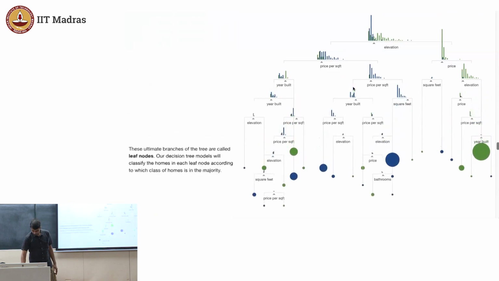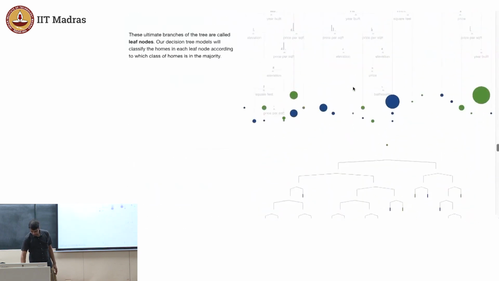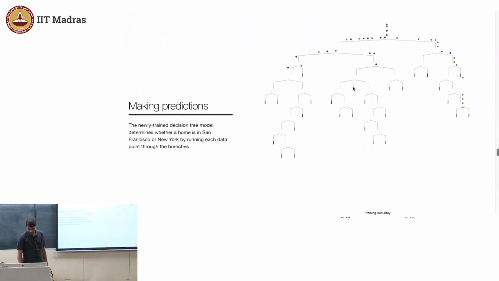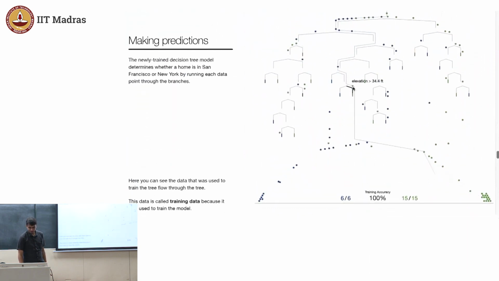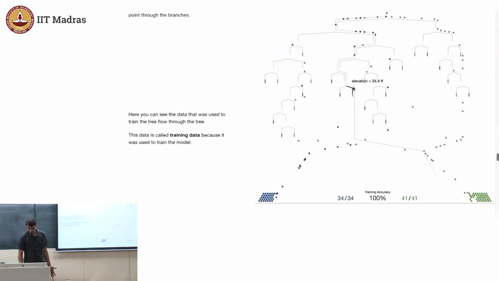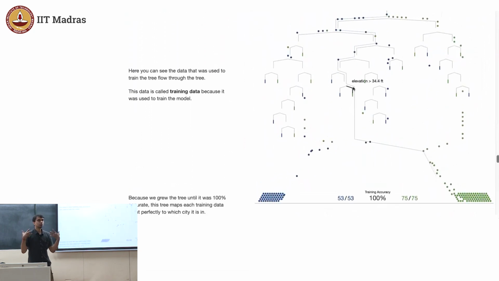Let's say you built this decision tree, where you went all the way and built a pure tree. But that's not really the goal. The goal is to do well on the test data. If you make predictions on the training data with a pure tree, you will get 100%. Why is that? Because you kept on building the tree until it became pure.